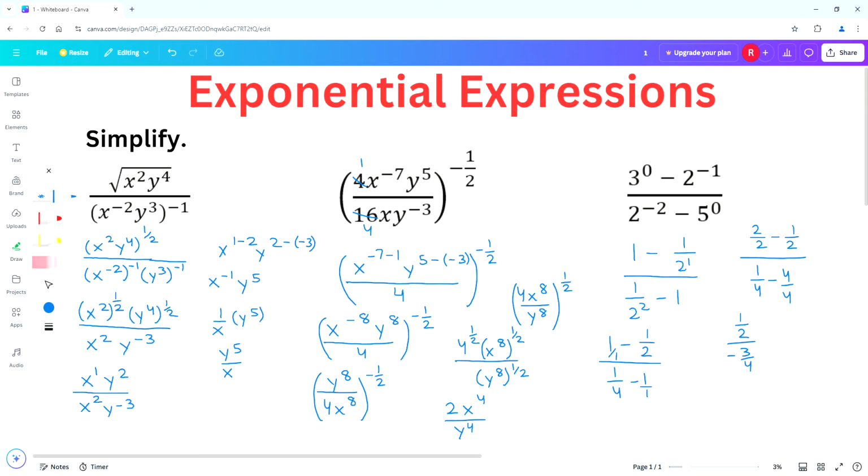We can simplify this expression by writing it as a division statement. Next, we can change it into a multiplication statement and flip the second fraction. Negative 3 over 4 will change to negative 4 over 3.